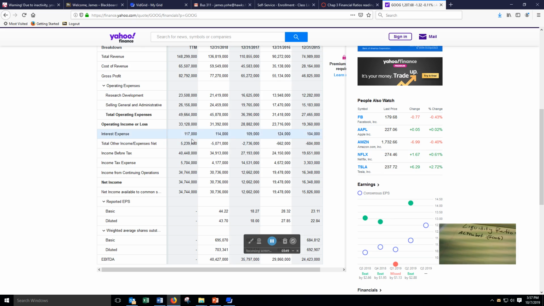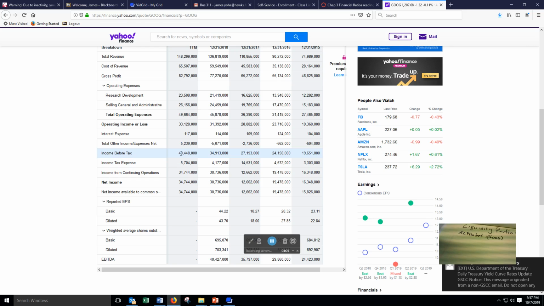Now here, these figures are actually additions, not subtractions. They earned interest income. They had these other total other income or expenses. These are income. So that brings us to income before taxes, sometimes called EBITDA, but this is not EBITDA, of $40,448,000,000.